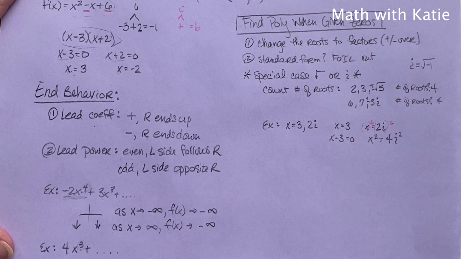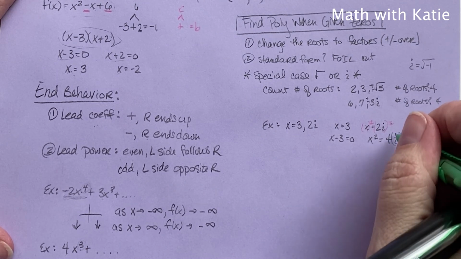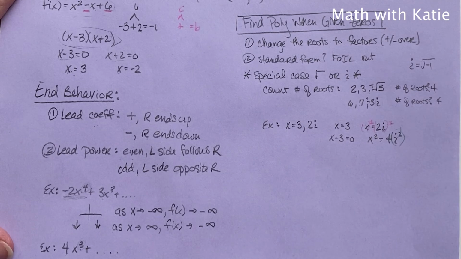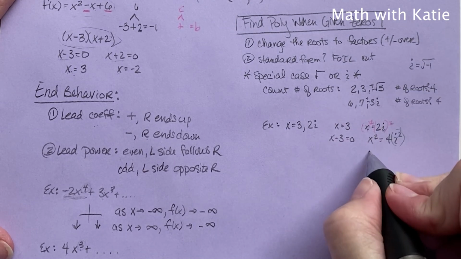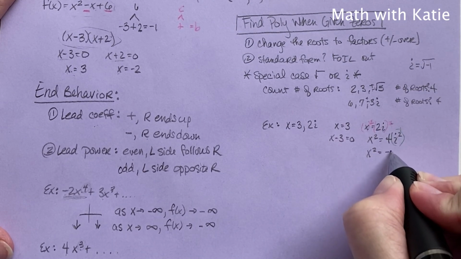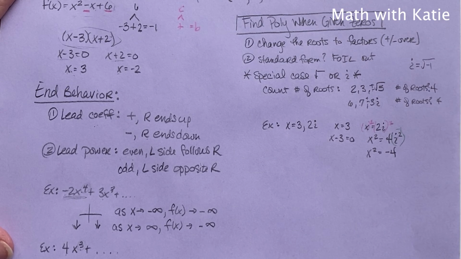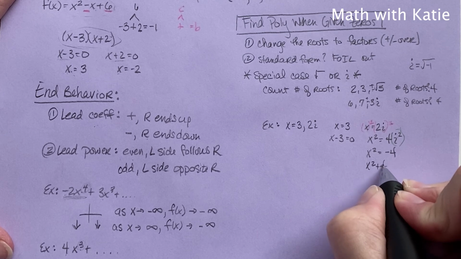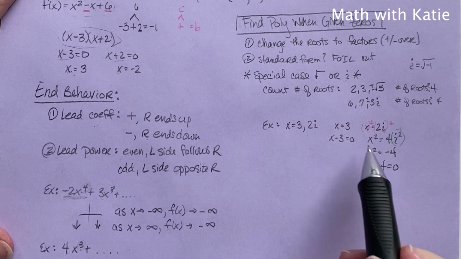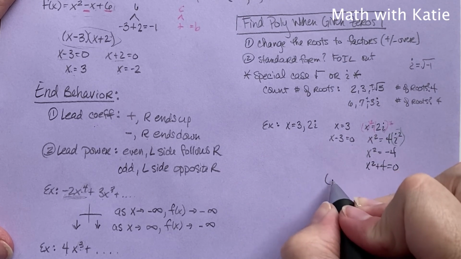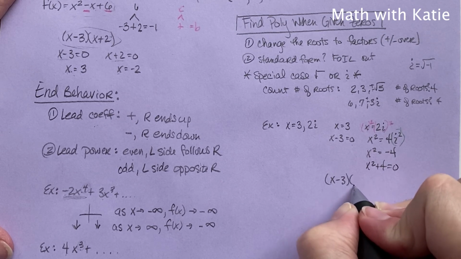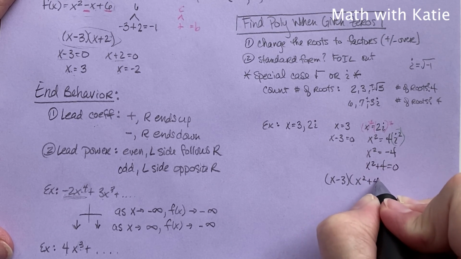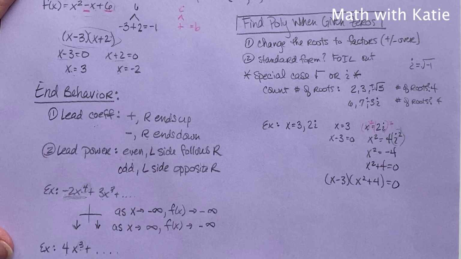And remember, i squared is actually -1. So x squared is equal to -4. Now we can move it over. Okay, now that they both equal 0, we have our factors. And then if they want standard form, just FOIL it out.